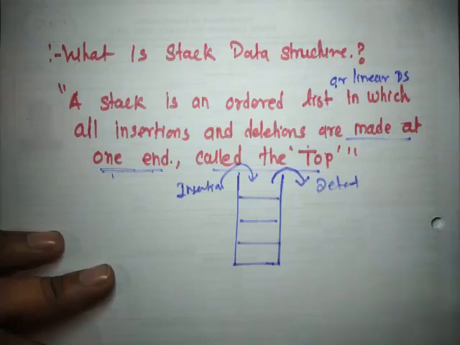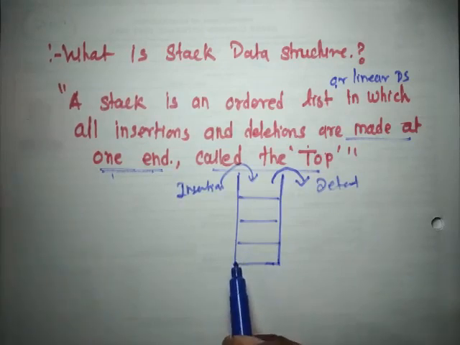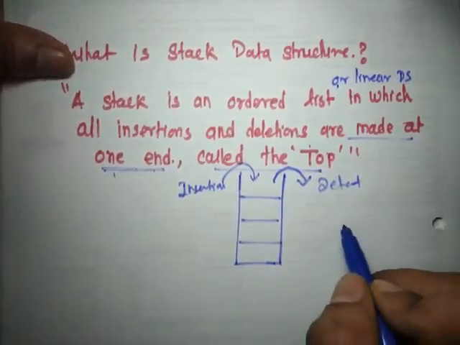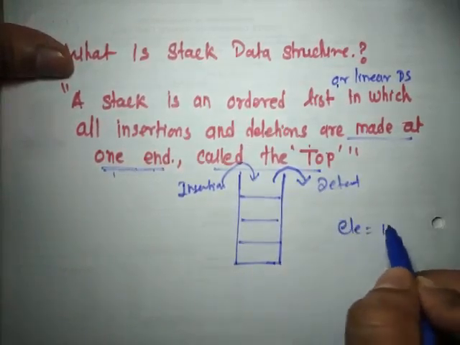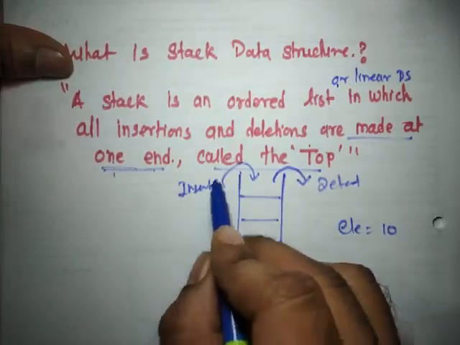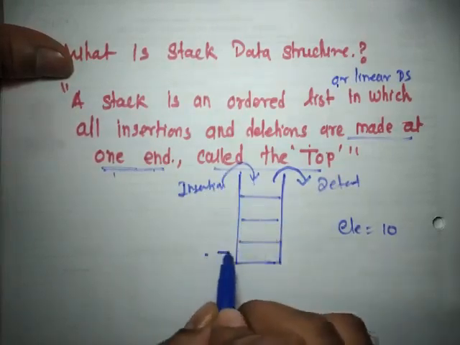So let's take a small example. Suppose if you want to insert an element into the stack, that element is equal to 10. So that element is inserted through top end only.